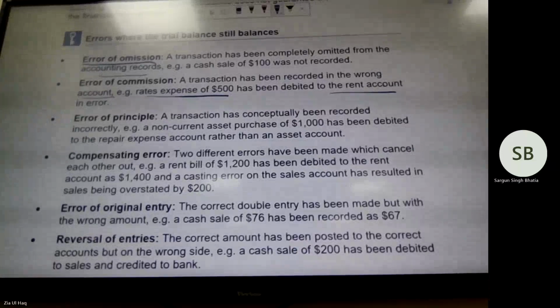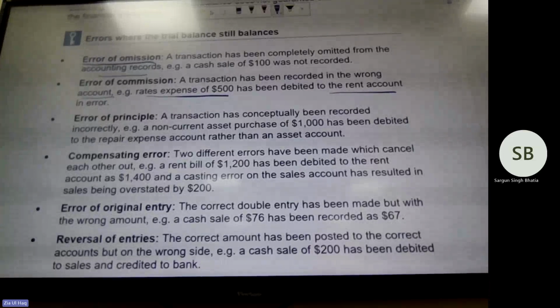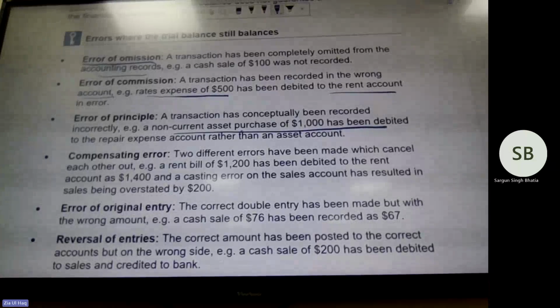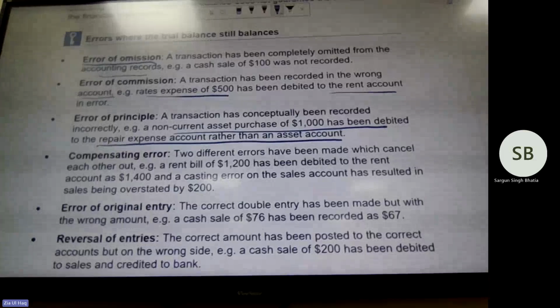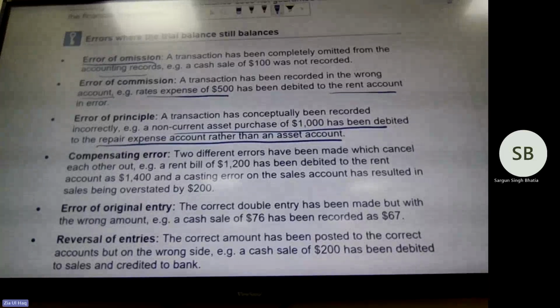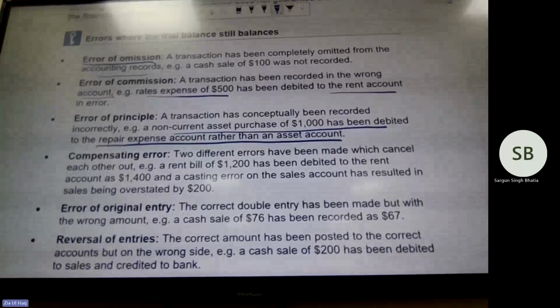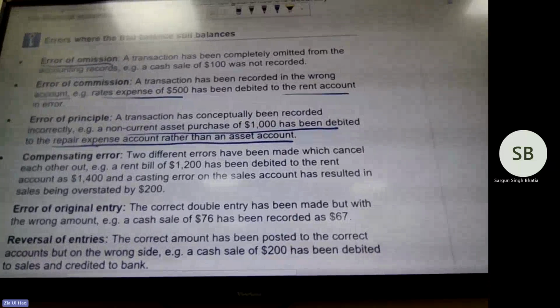What is error of principle? A transaction has conceptually been recorded incorrectly. For example, a non-current asset purchase of 1,000 has been debited to the repair expense account rather than the asset account. This is error of principle. Instead of asset, you have debited the expense.